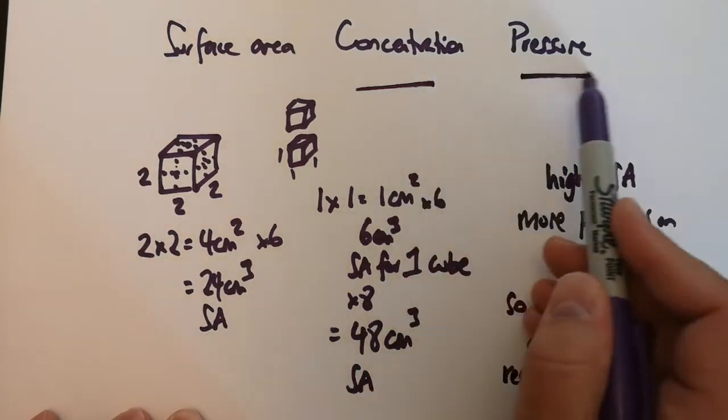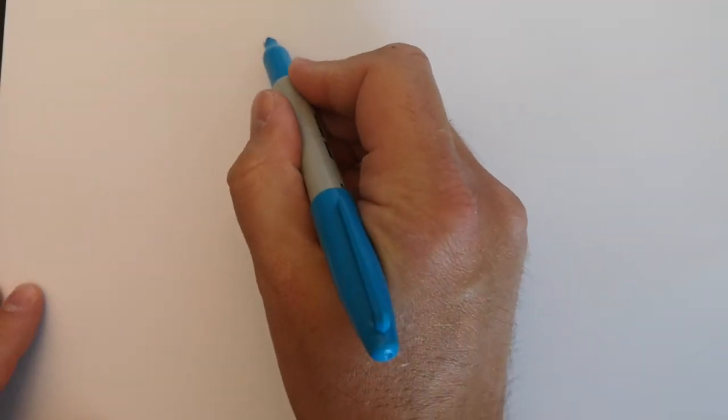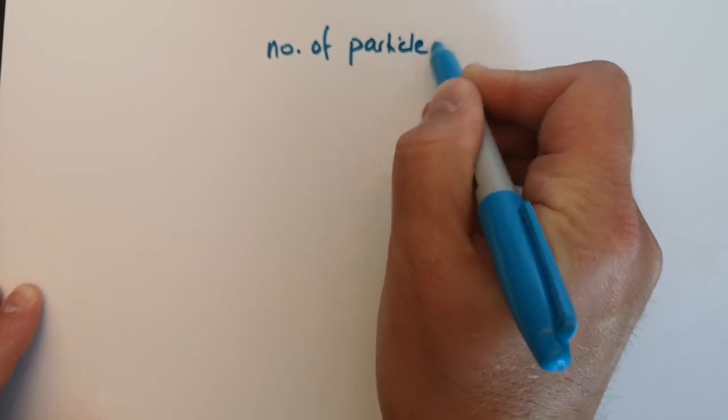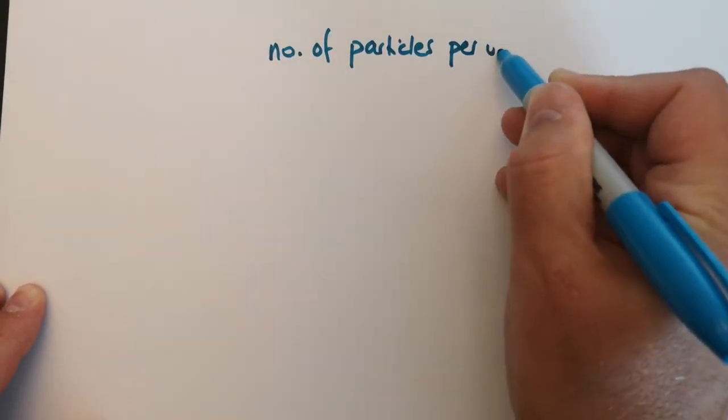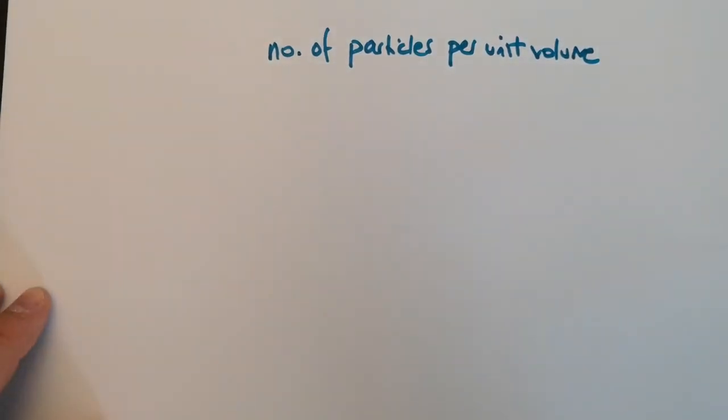Okay, now the other 2, concentration and pressure. Now, concentration and pressure can be sort of thought of in the same way. Concentration refers to liquids, pressure refers to gases. But in both cases, what they are a measure of is the number of particles in a volume. So we call it the number of particles per unit volume. Okay? So for concentration, we know that that's per decimetre cubed.